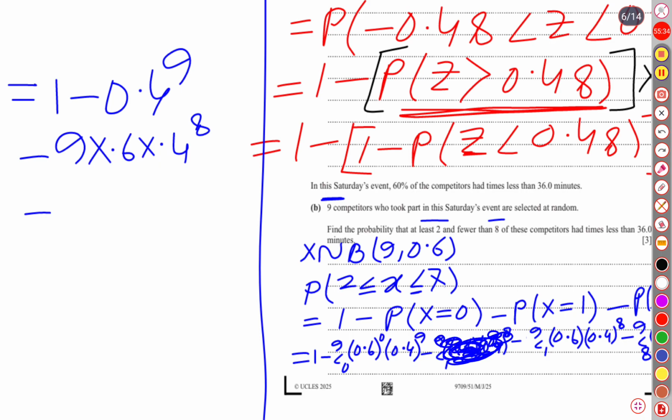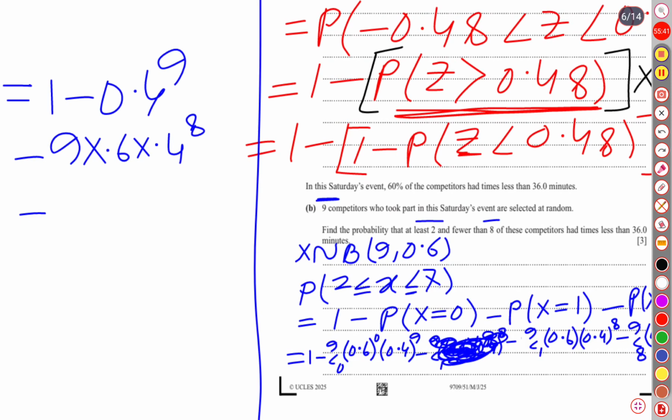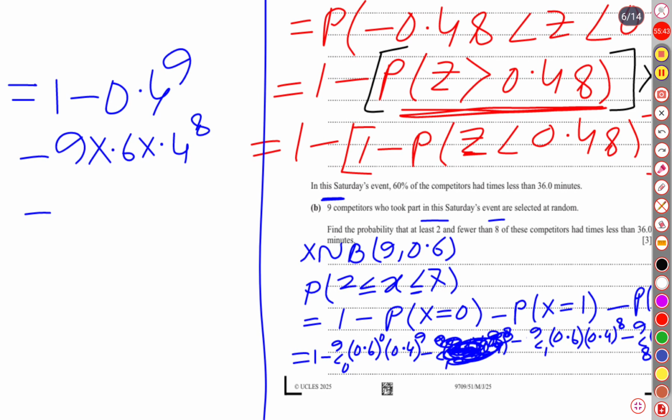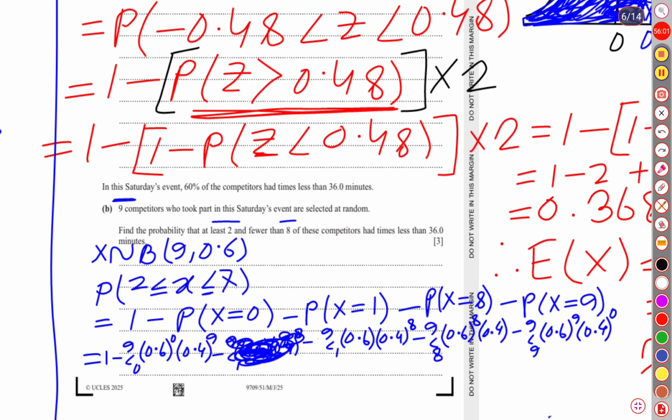Then the third one is 9 choose 8. 9 choose 8 means also 9, we know. So 9 into 0.6, how many times? 0.6 eight times, and 0.4 definitely once. Then the final one is 9 choose 9, which is also 1.